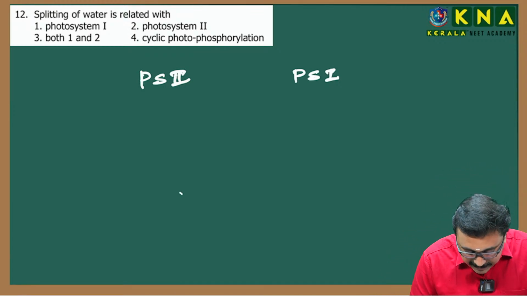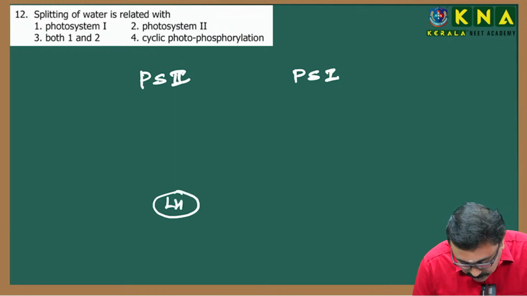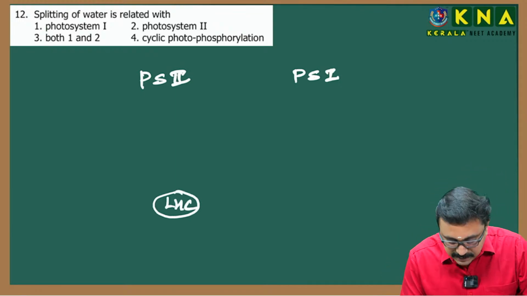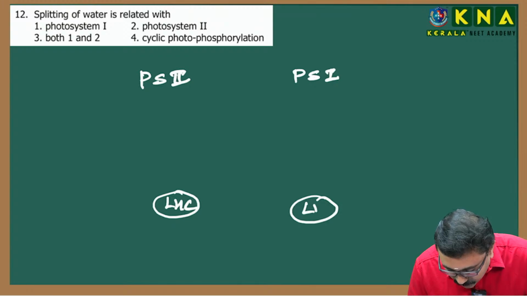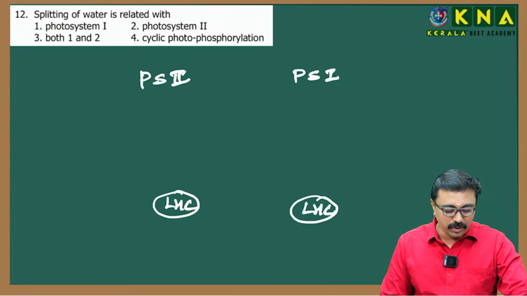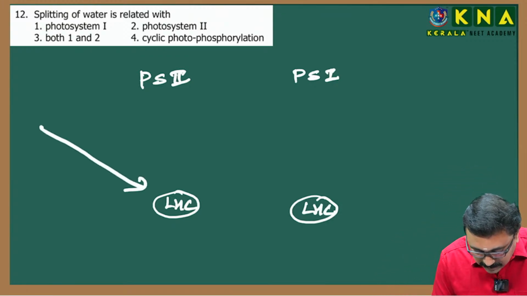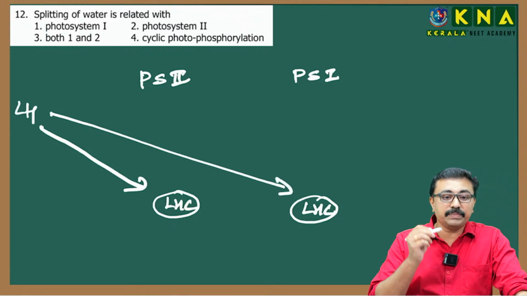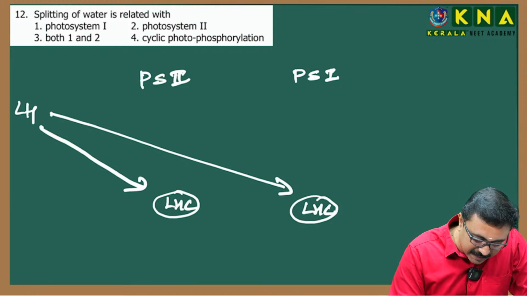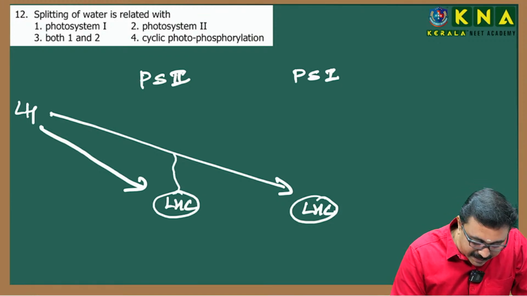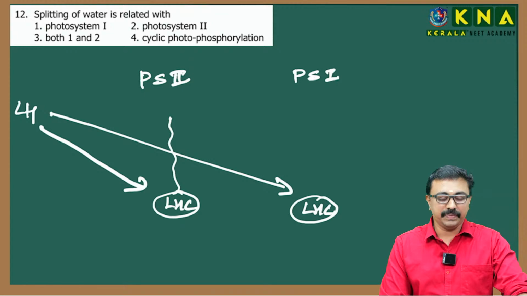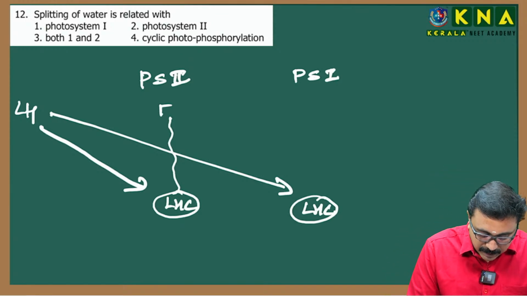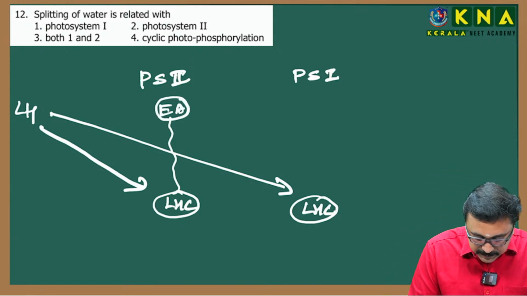So this is the light harvesting complex of photosystem 2, and this is the light harvesting complex of photosystem 1. Both photosystems accept light energy. When they accept light, they get excited and release electrons, which are accepted by an electron acceptor.